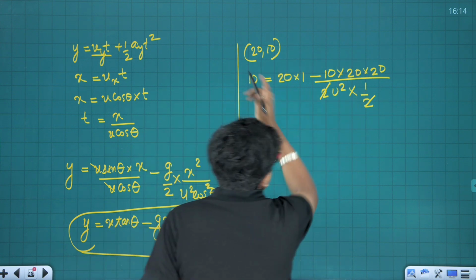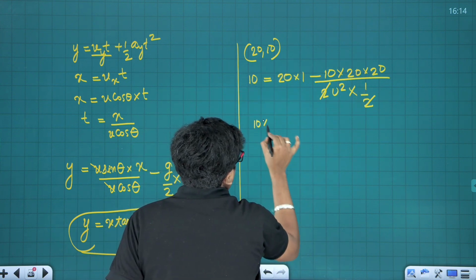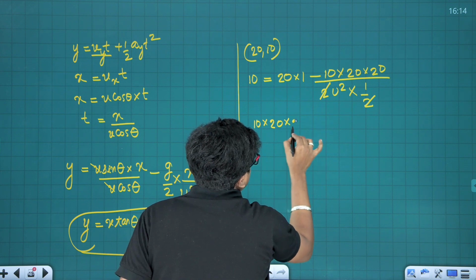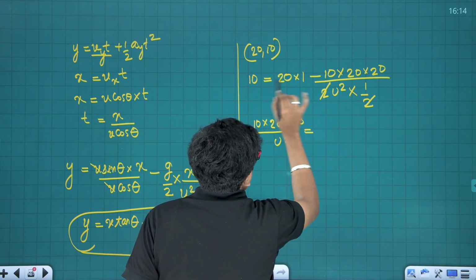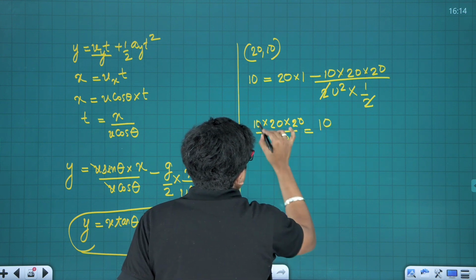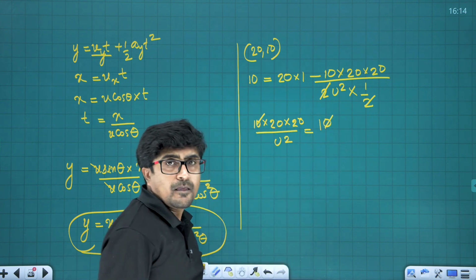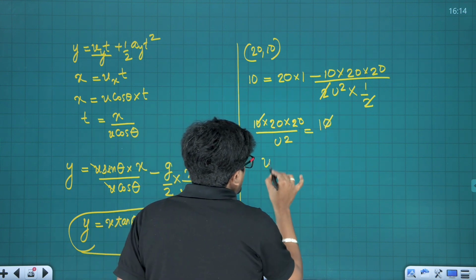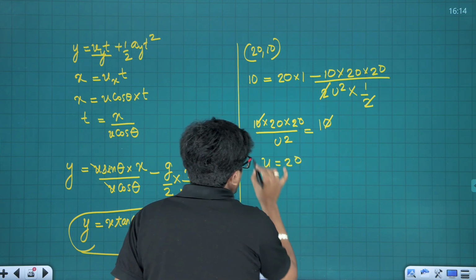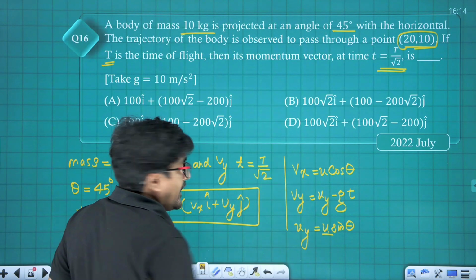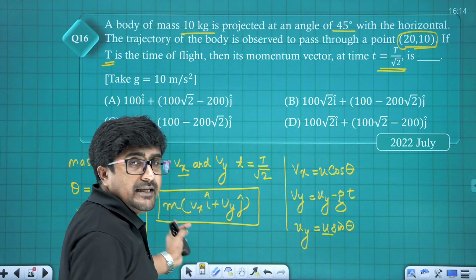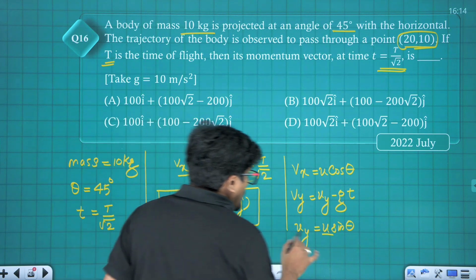So once I take this towards the left, 10 into 20 upon u square is supposed to be equal to 20 minus 10, which is 10. This one and this one will cancel each other. From here I can say that u equals 20.